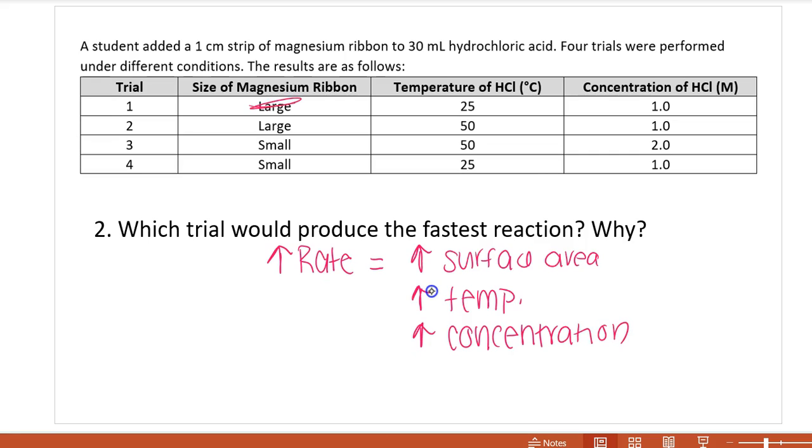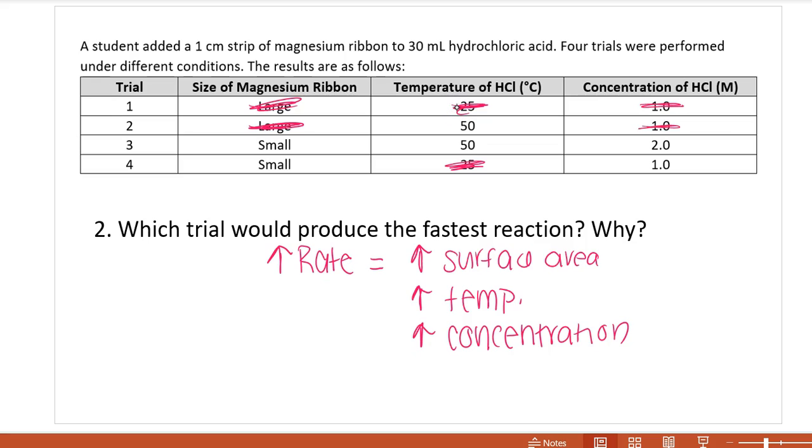So trial 1 and 2 are out because they have a small surface area. A large piece of ribbon has a small area exposed. We also want to increase temperature, so the trials at 50 degrees would be faster than the trials at 25 degrees. And then lastly, we want to increase concentration.